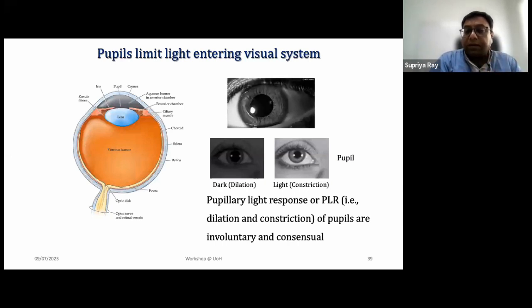So it is a kind of reflex, what you call the pupillary light response. If I shine a light on your pupil, it will shrink, and when it is exposed to a dark environment, it dilates. So when there is more light, the aperture reduces to limit the entry of light to the retina.